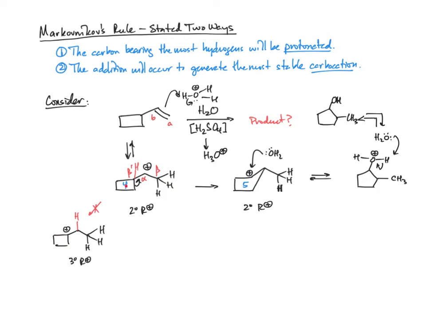The 4-membered ring is strained because the bond angle is 90 and it wants to be 109.5 for an sp3 hybridized carbon. So we rationalize that not happening by recognizing that even though it's tertiary, you're still experiencing that strain in the four-membered ring.